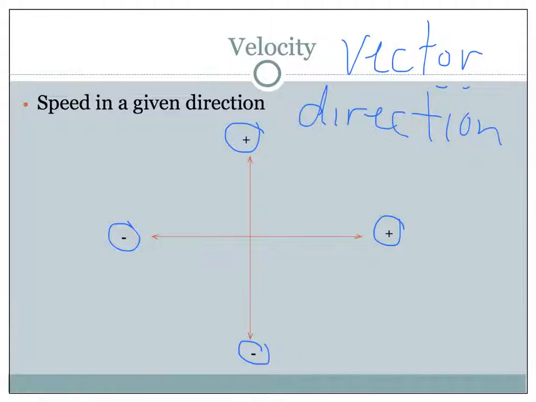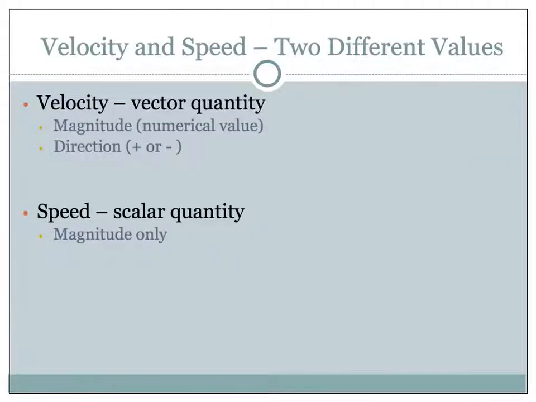So for velocity, we always have to include a direction. Okay? Speed by itself, no direction. Velocity needs a direction. So just to emphasize what I already was talking about, we have velocity being our vector quantity. We always have the magnitude.